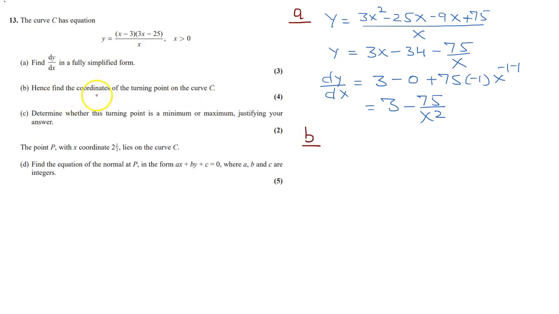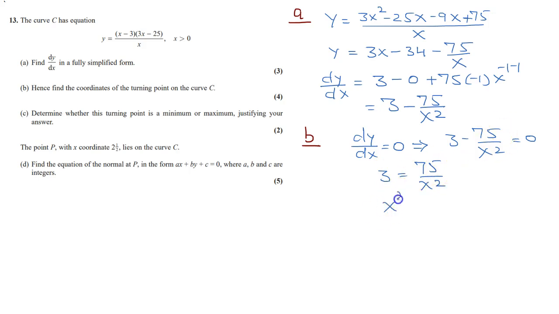Now part B is to find the coordinate of the turning point. We know that for the coordinate of the turning point, dy over dx is 0. So it means 3 minus 75 over x square is equal to 0. So 3 is equal to 75 over x square. Cross multiply: 3x square is 75.